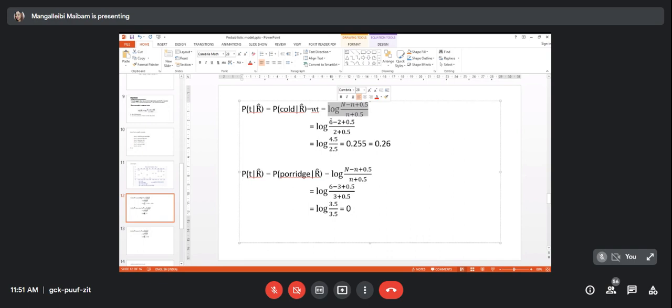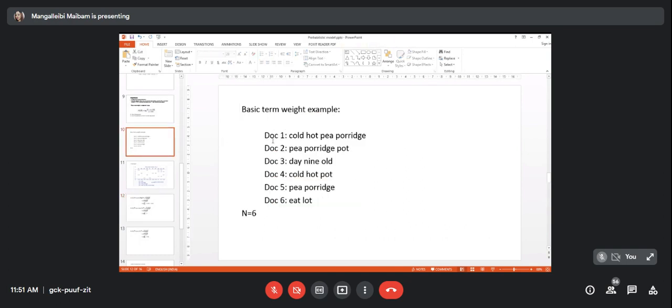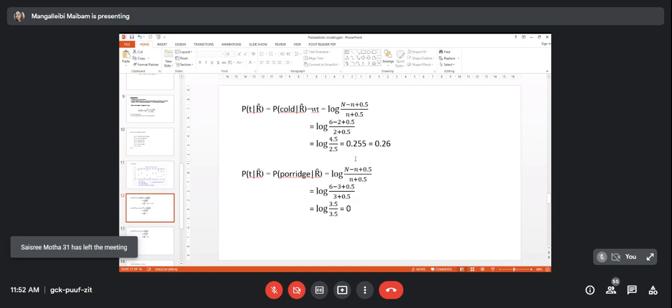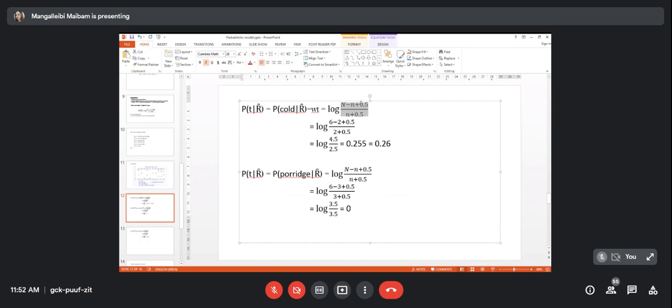Capital N is 6 minus 2 for cold. Let us see how many cold are there in the collection. I have one here and another here, so 2 times. So small n is 2. Then after computing, you get 0.26.